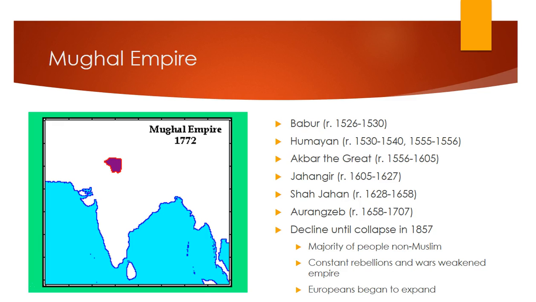And as the tolerance went down, there were many different rebellions throughout the empire, right? No one wants their rights taken away. No one wants to see their temples destroyed. And then when you add the fact that these were still foreigners who were ruling them, it's going to make a lot of people upset, and there's going to be a lot of rebellions, and that's what happens in the Mughal Empire.